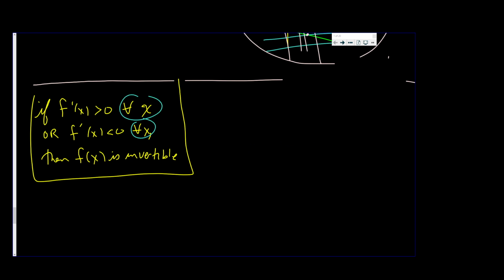So, I guess a good function to test this on would be f of x is equal to x squared. Well, f prime of x is 2x, and f prime of x is greater than 0 if x is greater than 0.